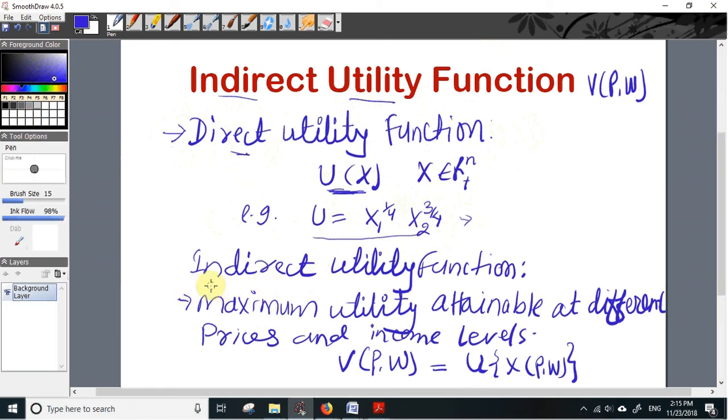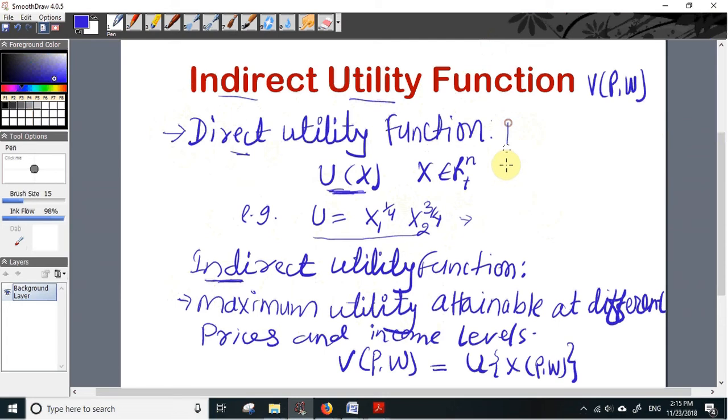So now we go to the indirect utility function. Indirect utility function means that it shows utility attainable from the consumption of the goods and services, but not directly.